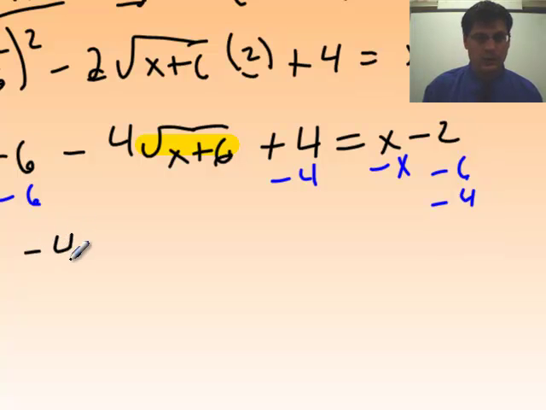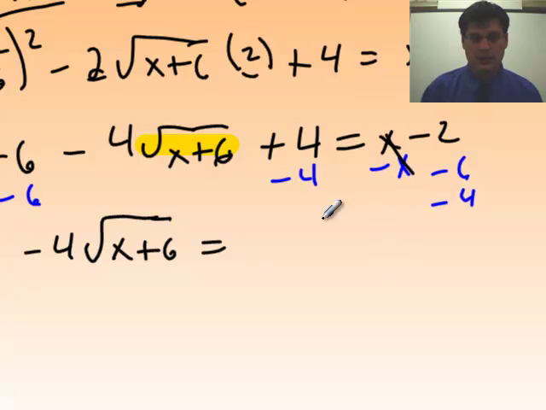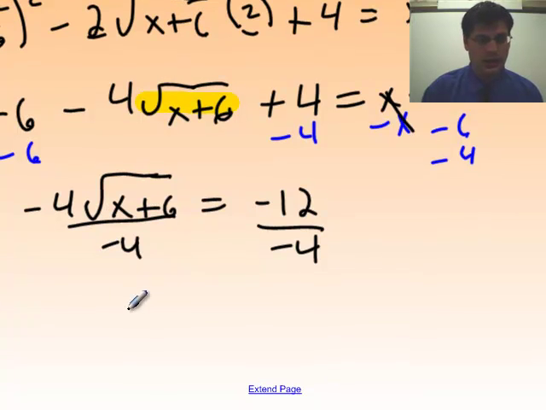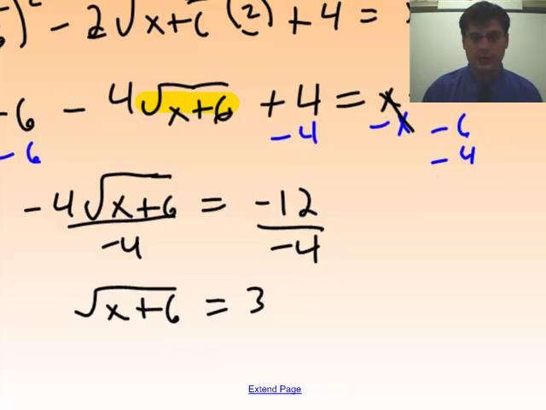That leaves me with negative 4 square root of x plus 6 equals, the x's cancel out, leaving us with just negative 12. Now I'll divide both sides by negative 4. And I'll be left with the square root of x plus 6, which equals 3.